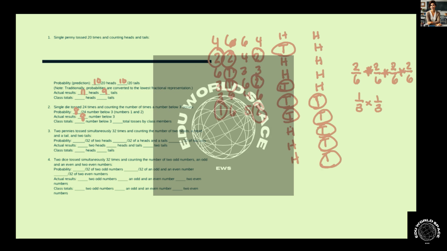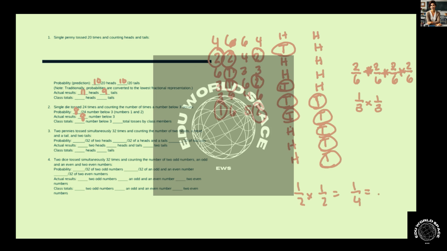2 pennies tossed simultaneously 32 times and counting the number of 2 heads, a head and a tails, and 2 tails. So getting 2 heads, that would be 1/2 times 1/2, which would be 1/4.